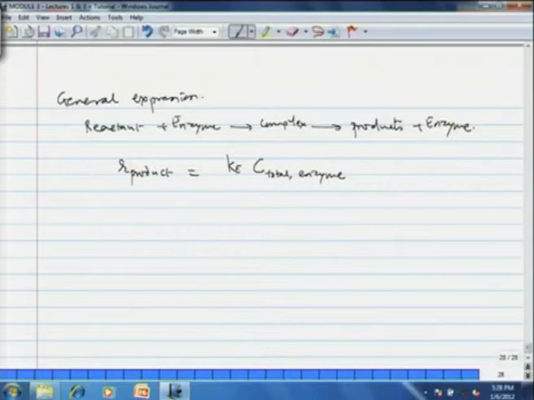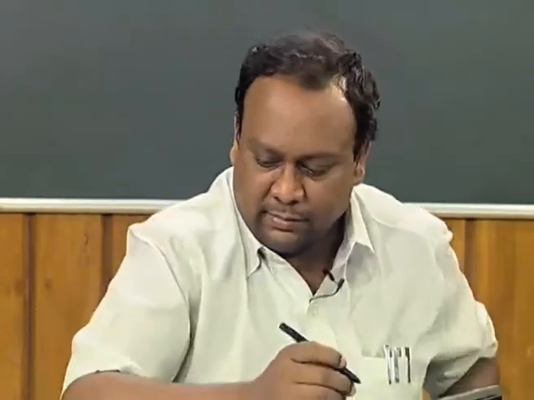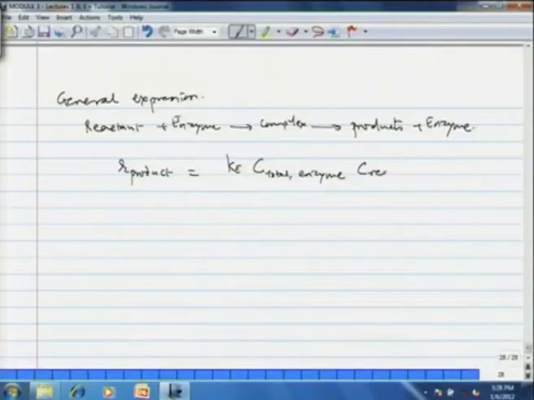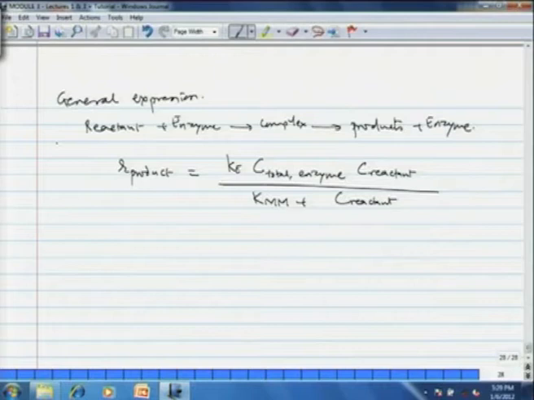Of course, total enzyme may not exist in free form because some enzyme will always be coupled to the substrate, but we take into consideration the total enzyme concentration in this particular analysis. Then divided by the concentration of reactant or substrate plus K_m, where K_m is a constant, times C_reactant. This is a general form of the earlier expressions.